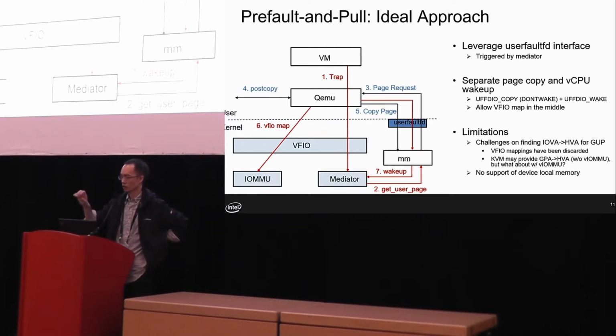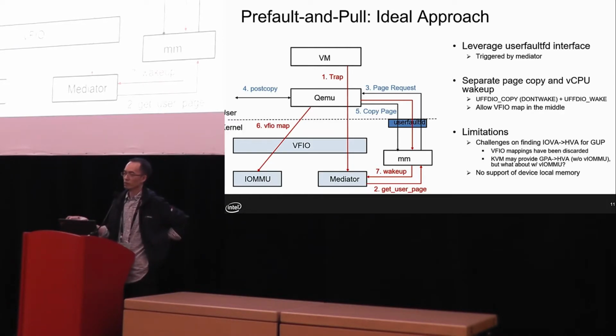There are two-level translations. The problem is, at this step, before we do get user page, we want to find out the host virtual address. But there's no mapping existing in VFIO yet, so we cannot get that information. If there's no virtual MMU, ideally we can get the mapping from KVM because it's just GPA to HVA translation, although we introduce some KVM dependency.